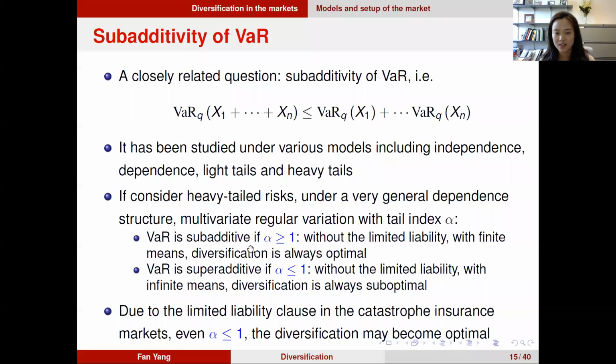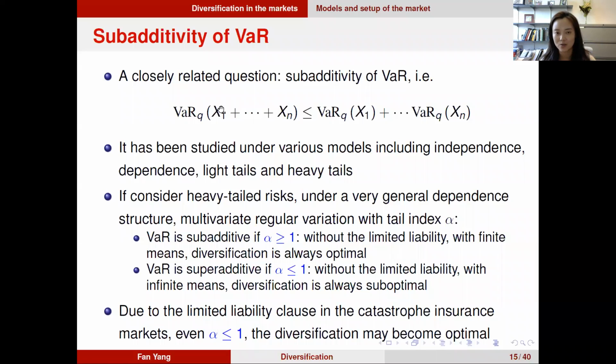To interpret this result in our setting, it is without the limited liability. In the literature, of course, people just study the risk itself. They don't impose a truncation there, right?